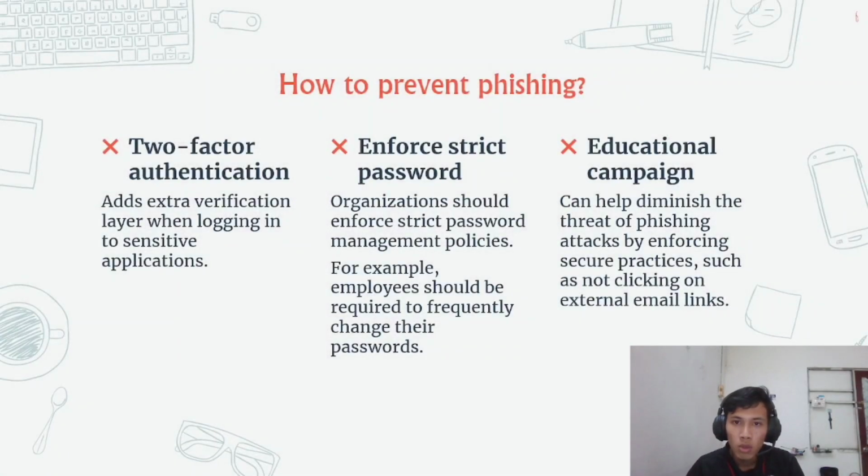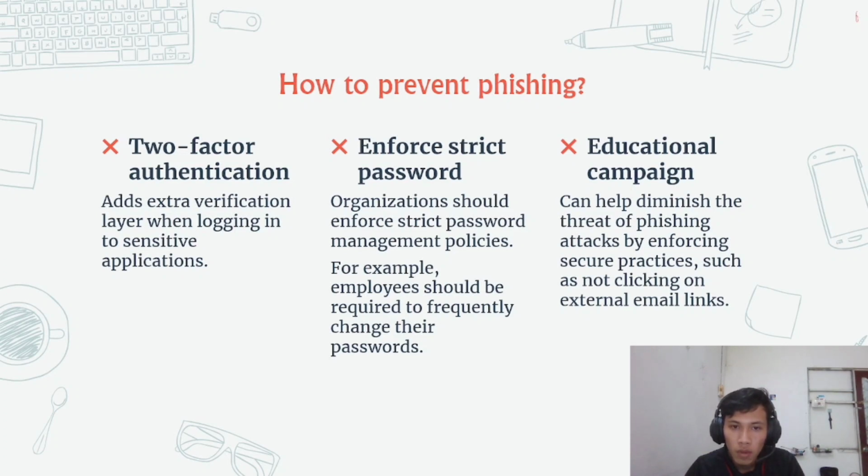Next is how to prevent phishing. First is two-factor authentication. Two-factor authentication adds an extra verification layer when logging in to sensitive applications. Second is enforce strict password. Organizations should enforce strict password management policies.